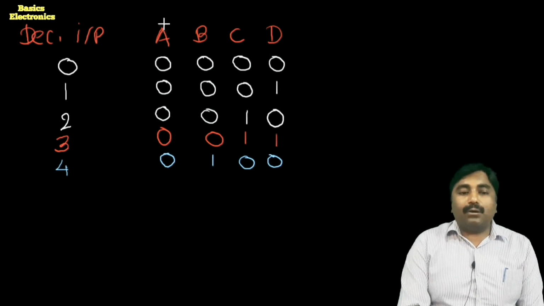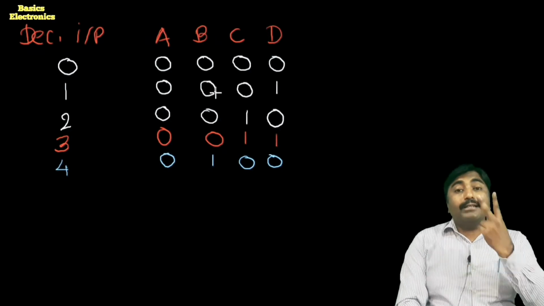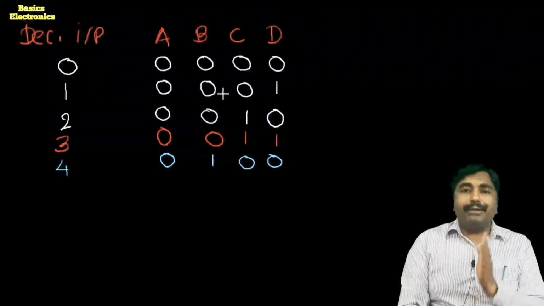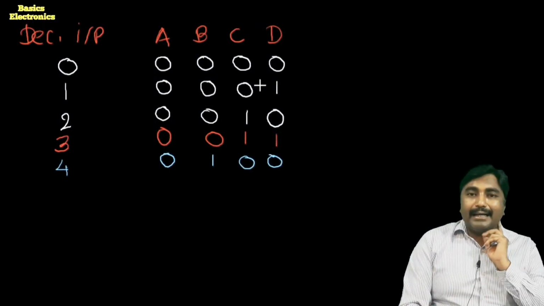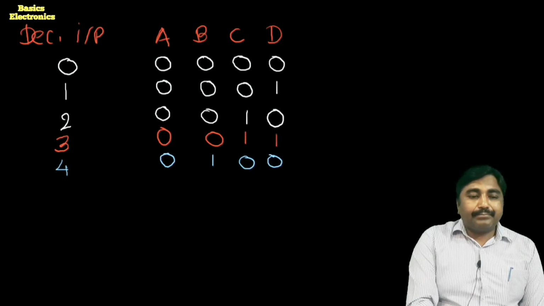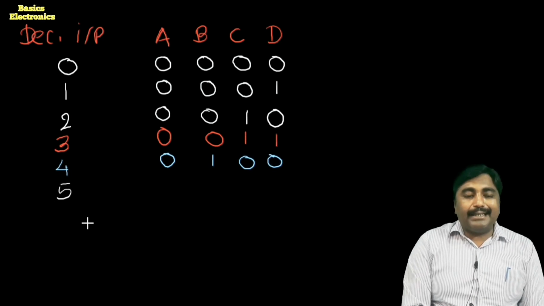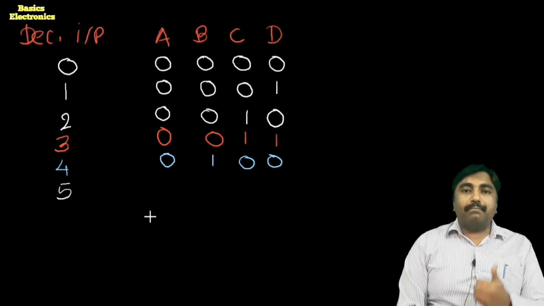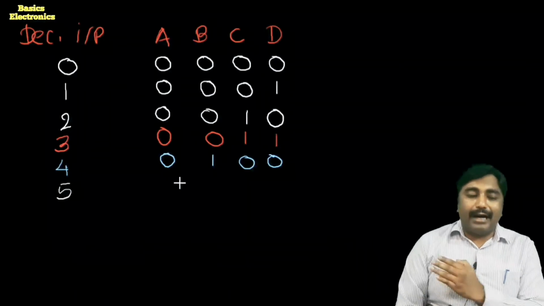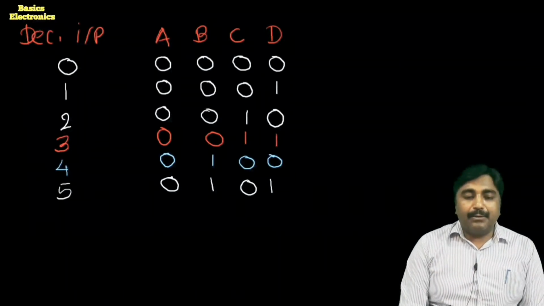When we press the decimal input 4, its BCD equivalent is 0, 1, 0, 0. It means the output of the first gate, the MS bit gate, is 0. The output of the second gate is now 1 and the output of the remaining two gates C and D are equal to 0, 0. When we apply the decimal input 5, meaning we press the switch assigned for the decimal input 5, then we get the output 0, 1, 0, 1.